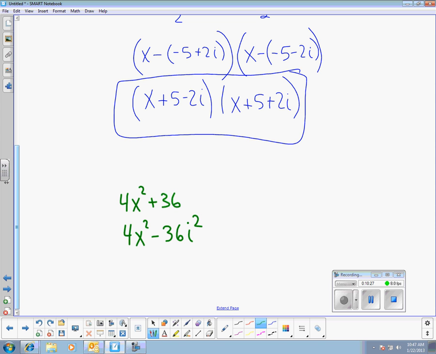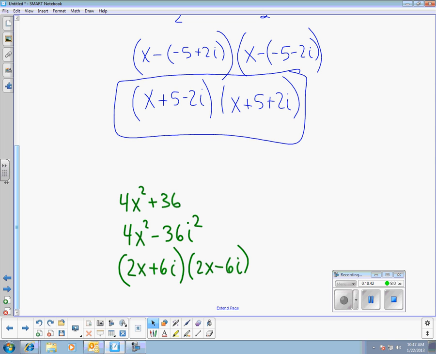So you can throw an i squared in and change the sign, which makes this 2x plus 6i and 2x minus 6i. All right, because we would have a difference of two squares. It's just that the second square happens to involve i, which normally we did not do. Okay, so that's three kind of different spins on old quadratic stuff, just allowing the i's to be a part of it.